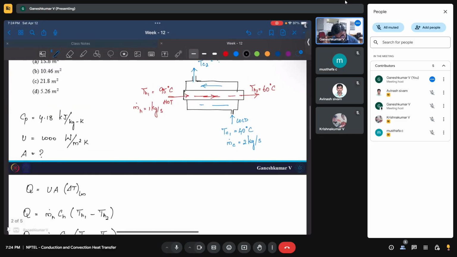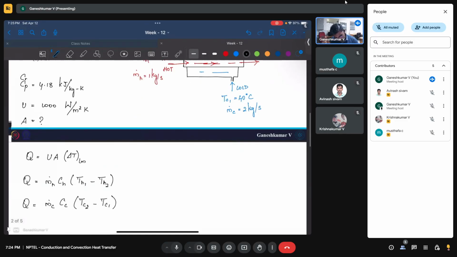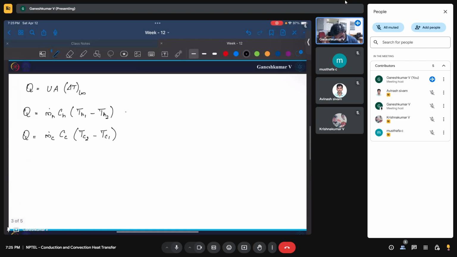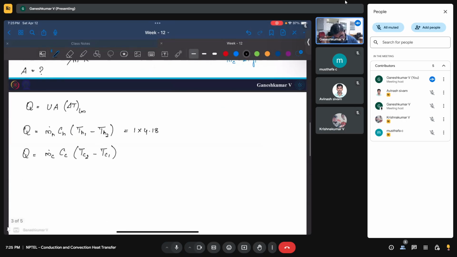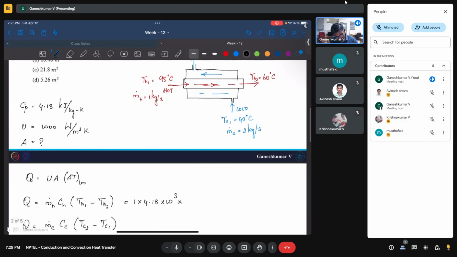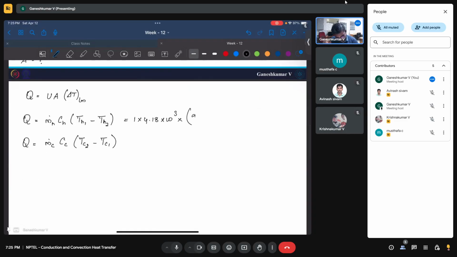So we know the hot fluid's terminal temperature, so we can use this. Hot fluid: 1 kg per second and 4.18 kilojoules per kg Kelvin times (TH1 minus TH2), which is 95 minus 60.